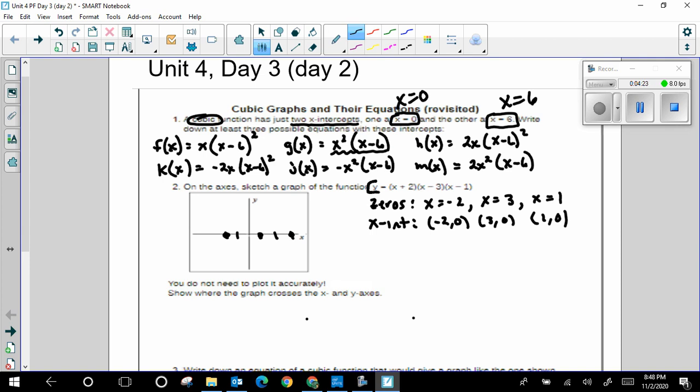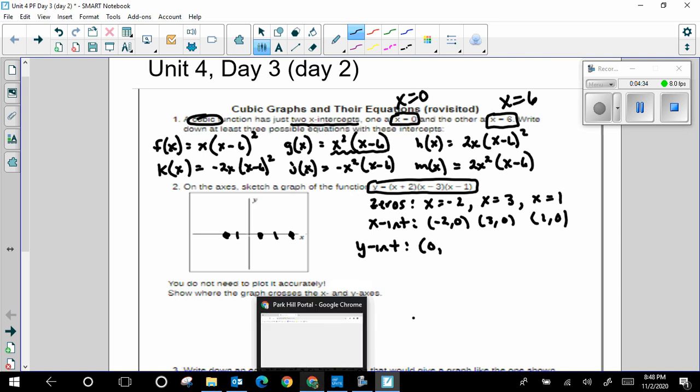Okay, so from this equation, I can also figure out my y-intercept. So if I let x equals 0, then if I plug 0 in here, I have 2 times negative 3 times negative 1. So that's going to be a negative 6 times a negative 1, which will be 0, 6. So I can put 0, 6 there.